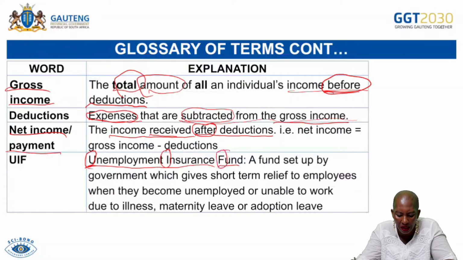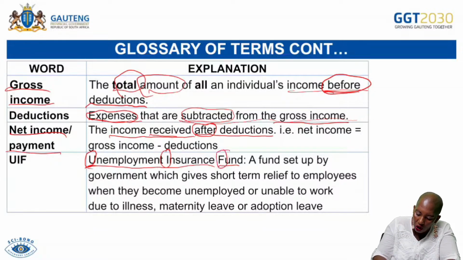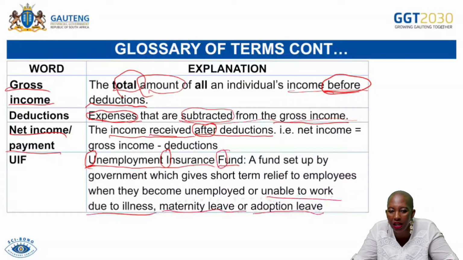It's a fund set up by government which gives short-term relief to employees when they become unemployed or unable to work due to illness, maternity leave, or adoption leave. So if they say your contract has been terminated, you are unable to work, then you'll get paid via UIF. Remember, you've been contributing.